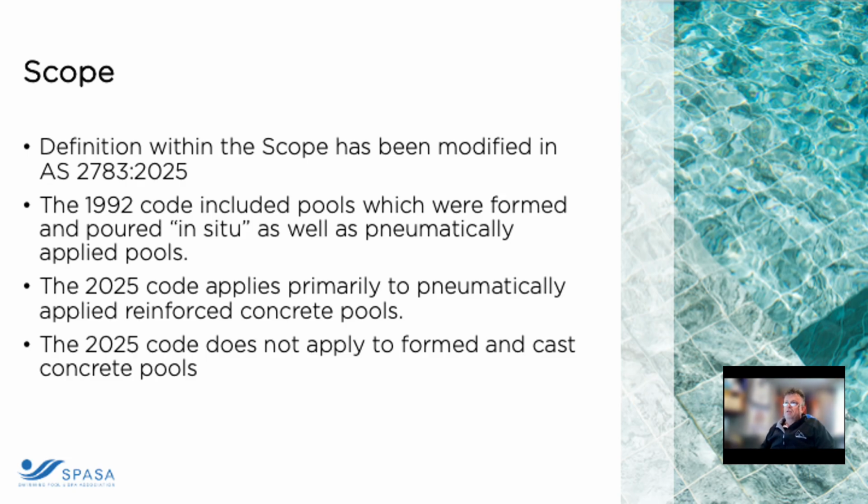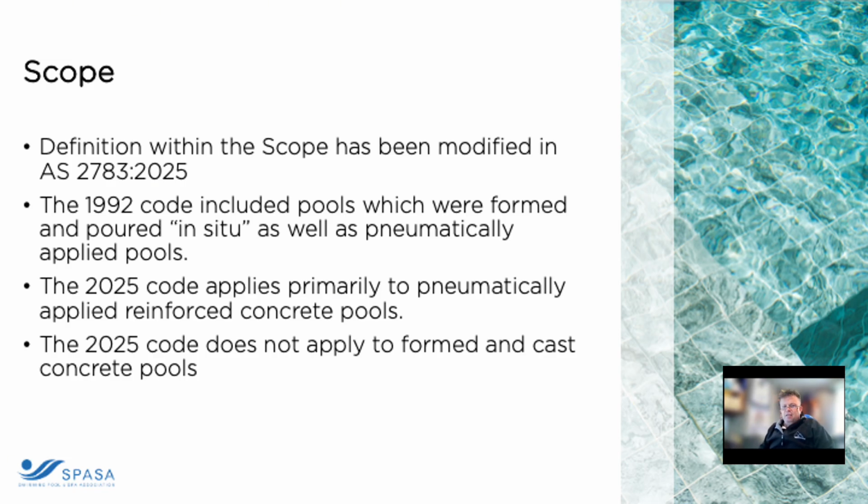The scope, which is the definition within the scope, has been modified in AS2783, and it is a very important difference that needs to be discussed right up front. The 1992 code included pools which were formed and poured in situ, as well as pneumatic applied pools. It really covered everything, whereas this code applies primarily to pneumatically applied reinforced concrete pools, which is shotcrete pools.